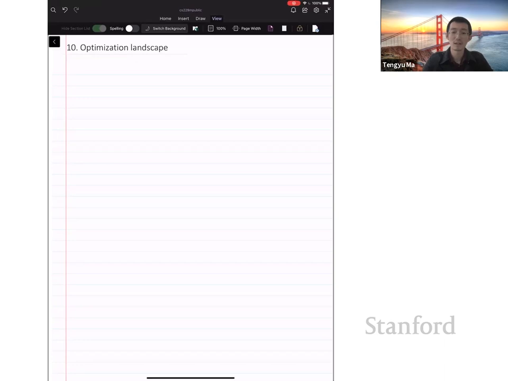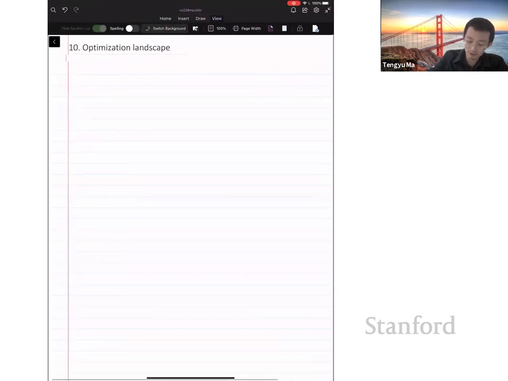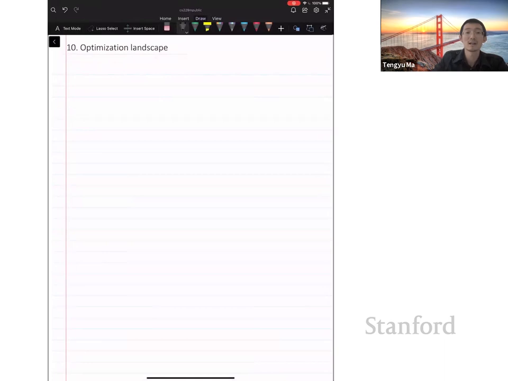Okay, cool. So to quickly review and connect to the last lecture, the bigger question we are trying to address here is: so many optimization algorithms are designed for convex functions, but why can they still work for non-convex functions?